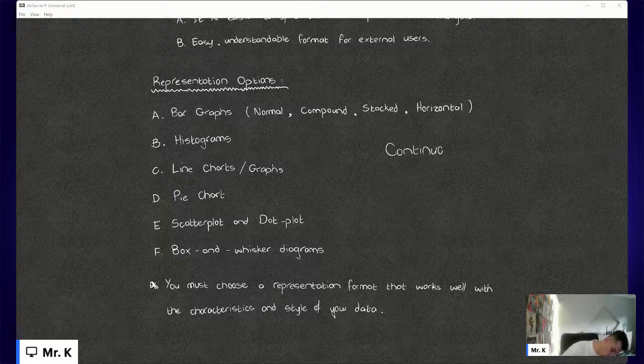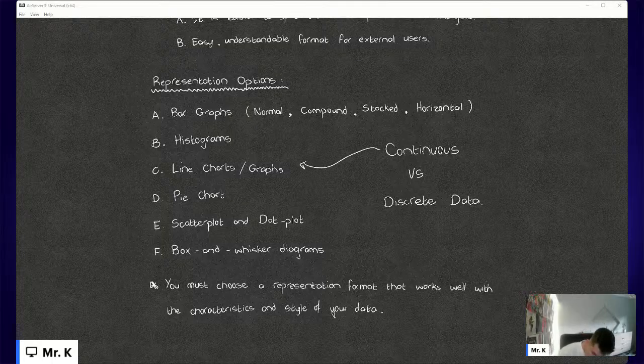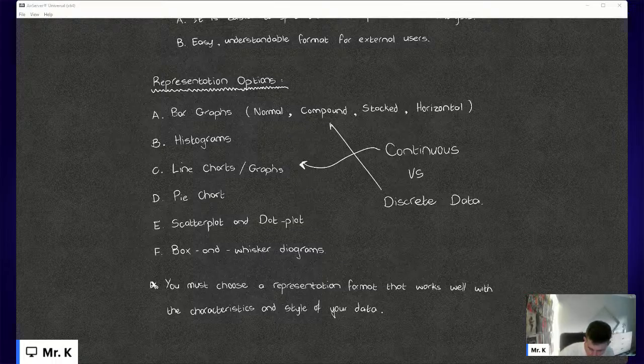and again, we will dive into this at a later stage, but we've got continuous and discrete data, right? We need to know the difference between these types of data because, for example, continuous data looks very good on line charts, but discrete data is better represented using compound charts.